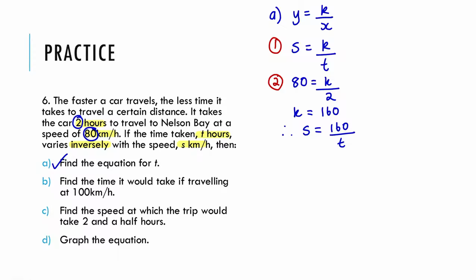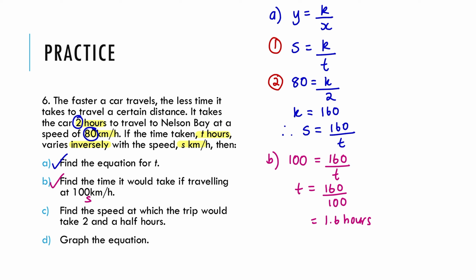Then it says find the time it would take if we're traveling at a speed of 100 kilometers per hour. So I have 100 kilometers per hour is equal to 160 over t. Again, like before, we swap, so I get 160 divided by 100. The time that it would take would be 1.6 hours.